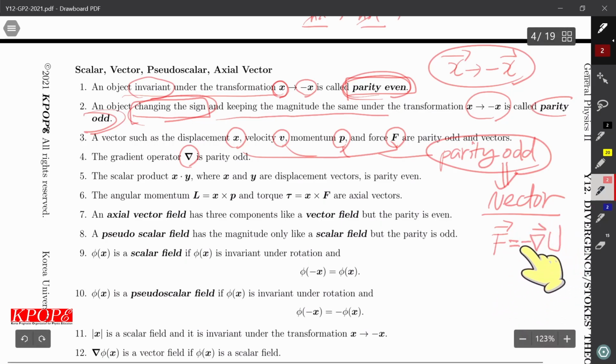So force is a vector, and this gradient is a vector. It is parity odd.